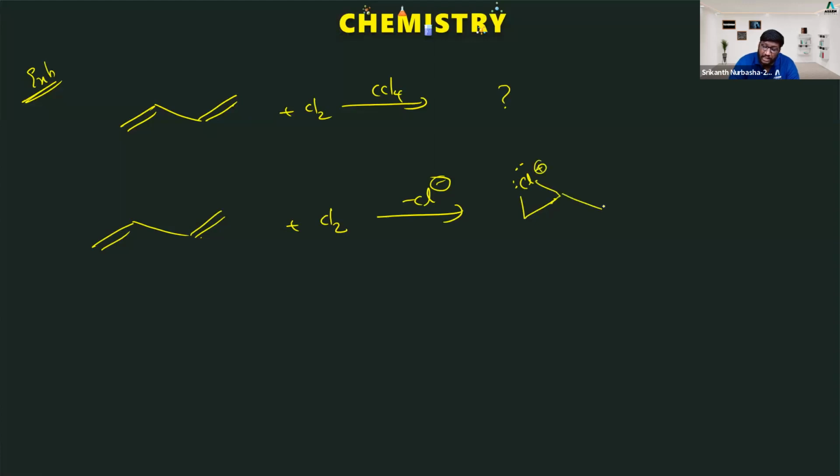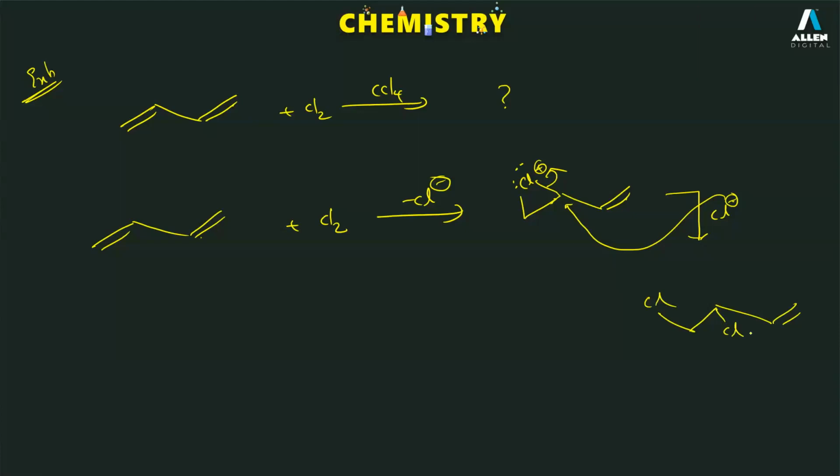This type of cyclic halonium ion is obtained. Now Cl minus is going to attack the carbon from the anti-direction. So it can attack this particular carbon. The carbon-chlorine bond is going to be used. So you'll have chlorine like this, and you will also have the alkane in this fashion. Is it the major product or not?